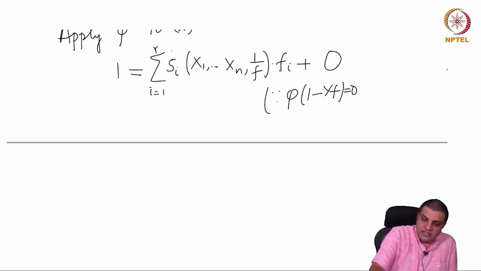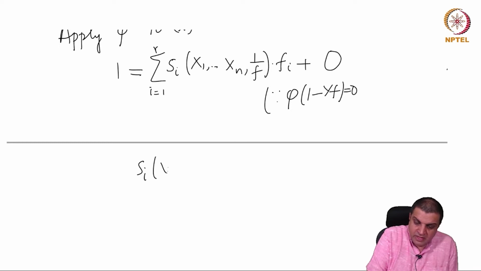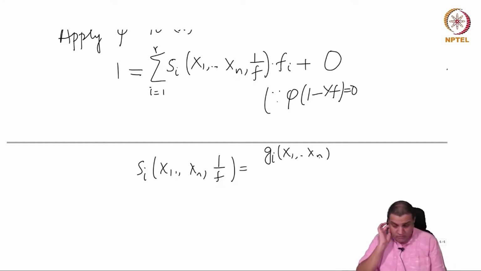So what does Si of x1 through xn, 1 over f look like? Some polynomial, some gi of x1 through xn. Remember, fn also involves only x's.